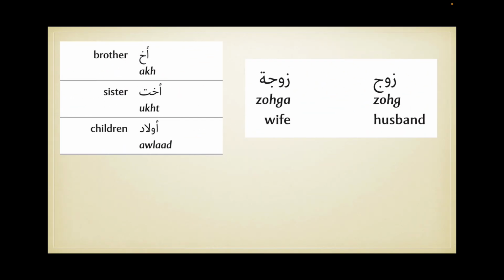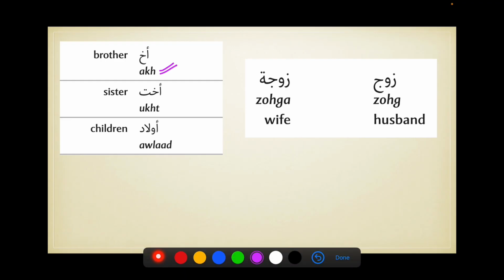Brother in Arabic is called Ak, and sister is called Ukt. So brother is Ak, and sister is Ukt. And the word for children is Awlad.